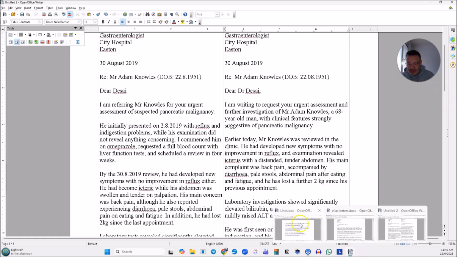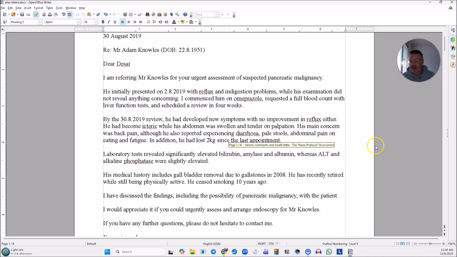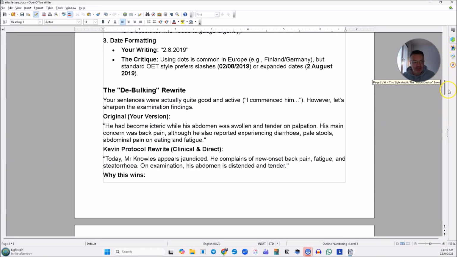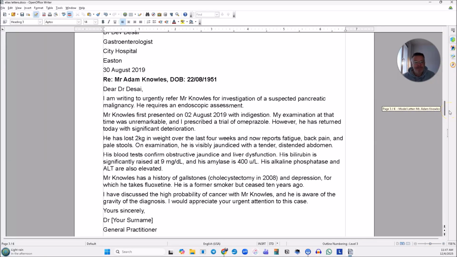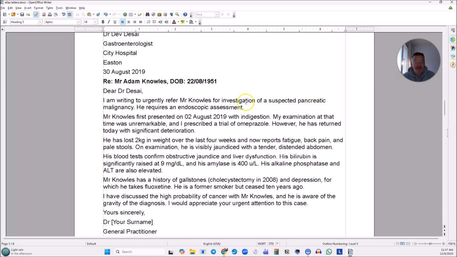Now, what did Gemini say? Okay, that purpose is better. But again, it's got that organization. Now, it took out the stuff about retired.